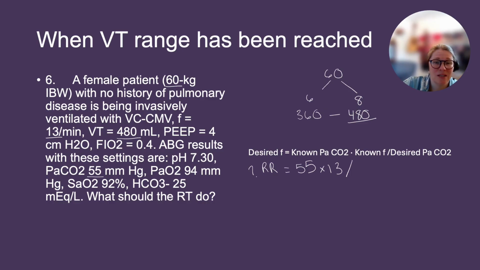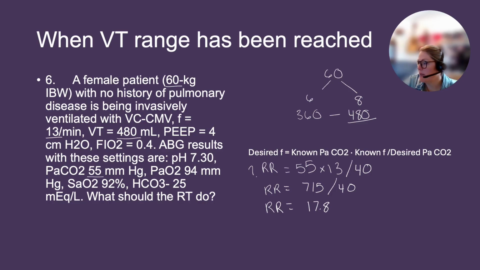This patient has normal lungs, no history of pulmonary disease. So let's just put it right there in the middle at a CO2 of 40. 55 times 13 is going to be 715. 715 divided by 40 is going to give us 17.8.